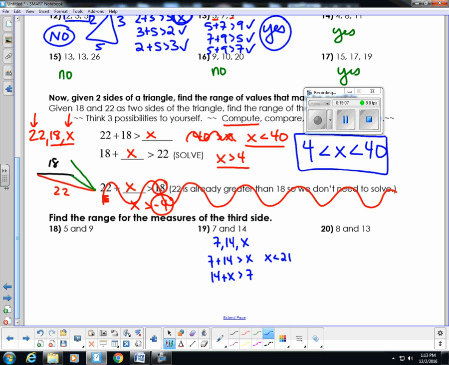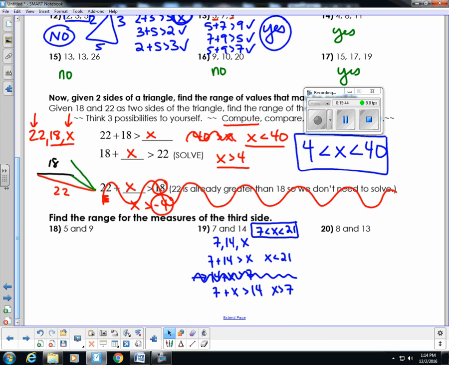Well, here's a situation where 14 is already bigger than 7. I don't need to add anything to it, so that becomes a moot point. I don't need it. Add the first and the last, see if it's bigger than the middle. Solve this. X is greater than 7. So here are your two inequalities that you're going to use. My final answer: smaller number, less than sign, variable, less than sign, biggest number. And that's my answer.